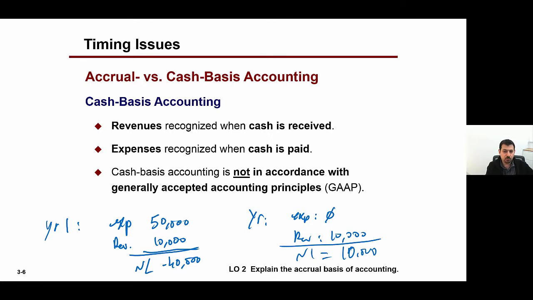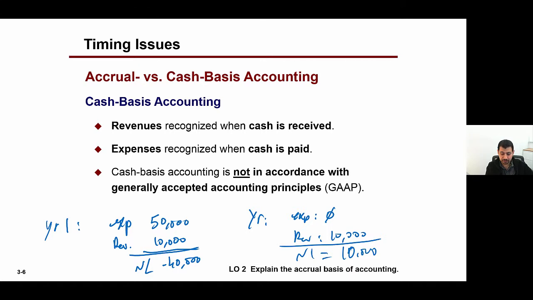Now the problem here is that if anyone looks at the performance of this company, they look at the first year it was minus 40, second year it's plus 10, so they expect that it will continue to grow more or less in this same pattern. But this is not the truth.